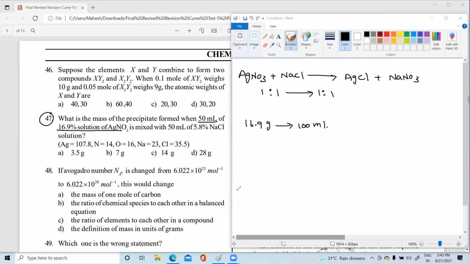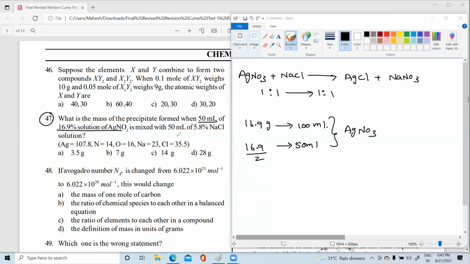That means in 50 ml of solution the weight is 16.9 by 2, right? This is with respect to the AgNO3 solution.